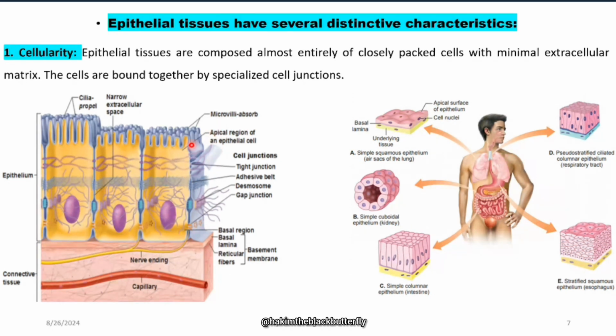These apical surfaces can undergo modification to form cilia, microvilli, stereocilia, or any other kind of modification. So depending on what the particular epithelial tissue does, that tissue can easily undergo surface modifications on the apical surface to suit the function of that particular type of epithelial tissue, as we are going to see.